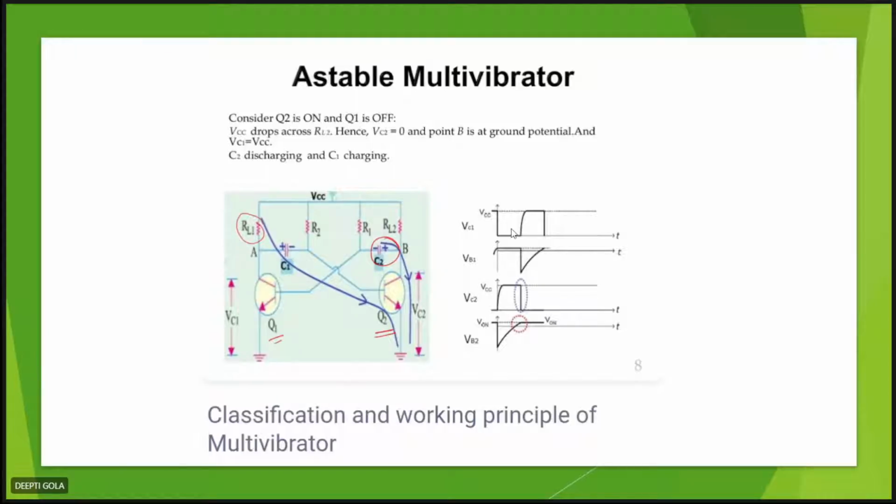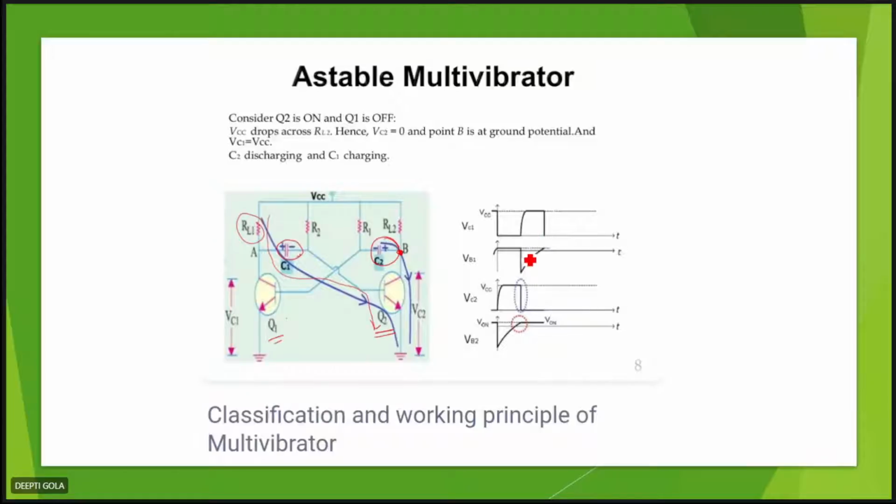So point B is now grounded, and C2 will get discharged and C1 will get charged, and the current will start flowing in this direction. So C1 is getting charged and C2 is getting discharged. Okay, so Q2 is on and Q1 is off, and the waveform you will get is like this.